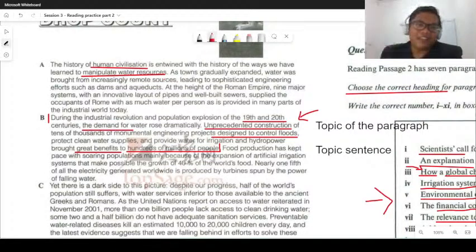right? Because in the second sentence, as towns gradually expanded, water was brought from increasingly remote resources, leading to sophisticated engineering efforts. Okay, now we have actually a new topic here: sophisticated engineering efforts such as dams and aqueducts.